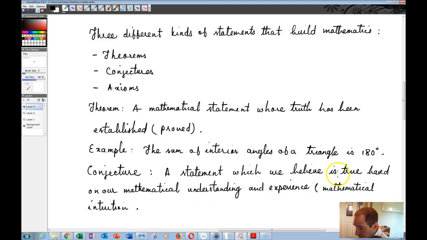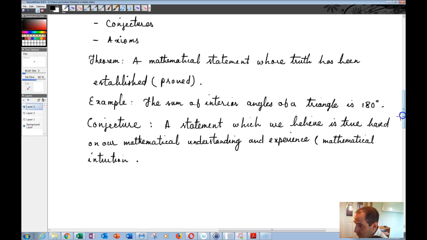Now basically what happens here is that a conjecture may actually turn out to be true or false, depending on whether the conjecture is actually true or false. If you can prove it, it becomes a theorem.